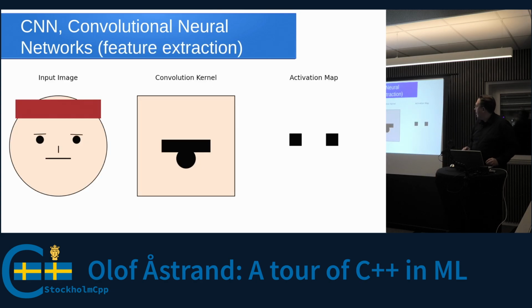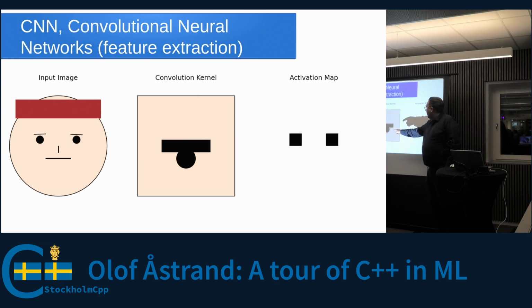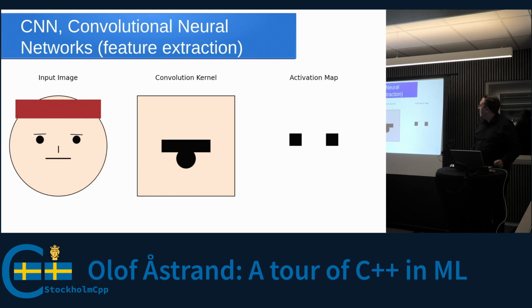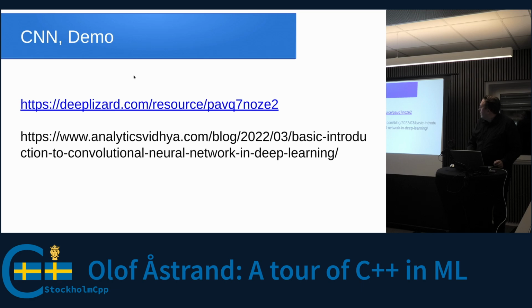Like this input image. This is not a very good example, but it's the eye. So you will run this convolutional layer over the input image, and you'll get an activation map to where the eyes are found. You can see that it's like a feature extraction. Okay, so I'm not going to do the demo.